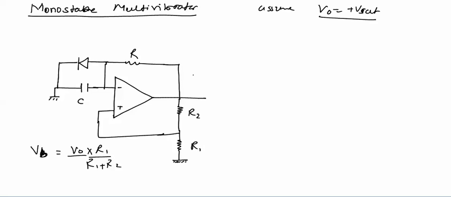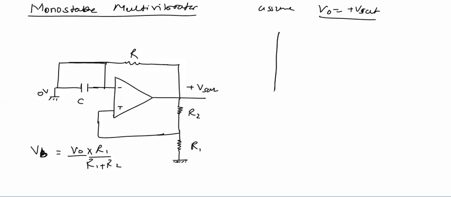If V0 equal to plus Vsat, this voltage will be plus Vsat and this voltage is 0. For this diode, the anode potential is greater than cathode potential, so this diode will be forward biased, and if this diode is forward biased, it will be replaced with a short circuit, and the capacitor will be shorted from across and will not be able to charge.